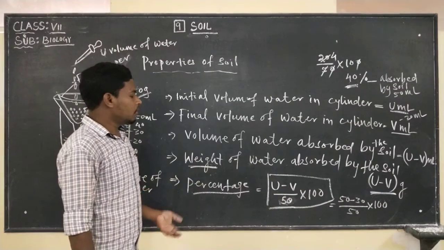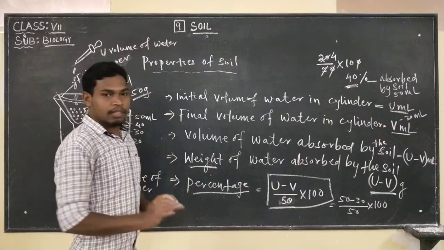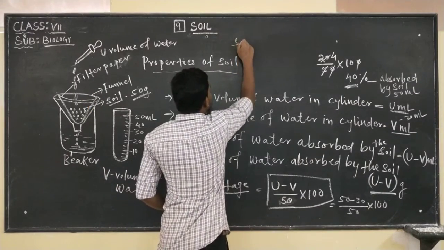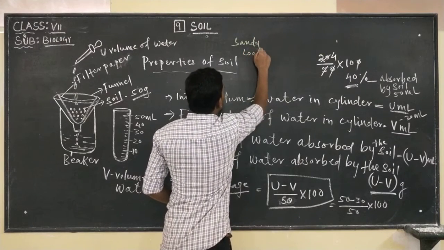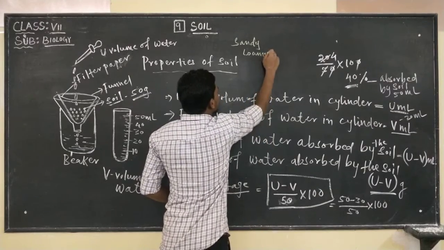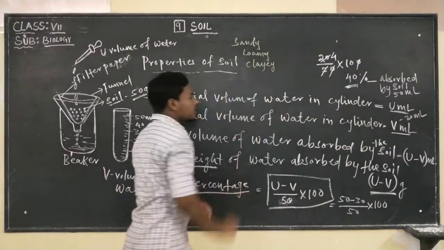This is how we need to calculate the percentage. You take different soils. For example, we have sandy soil, loamy soil, and clayey soil. These are the three types of soil.